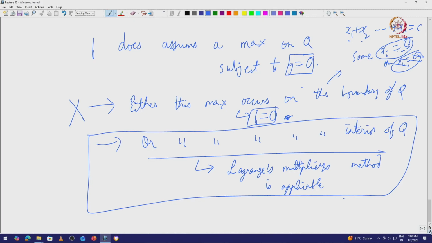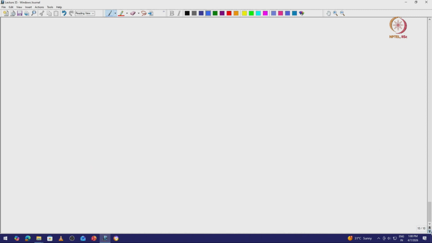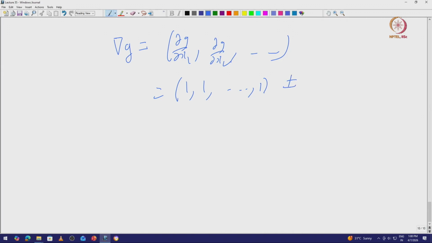That is the point. So what is gradient of g here? The gradient of g is dg dx1, etc. This is 1, 1, 1, so on, which is never 0. So which means we can try to use the method of Lagrange's multipliers.